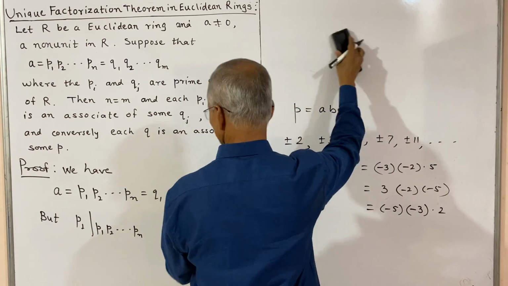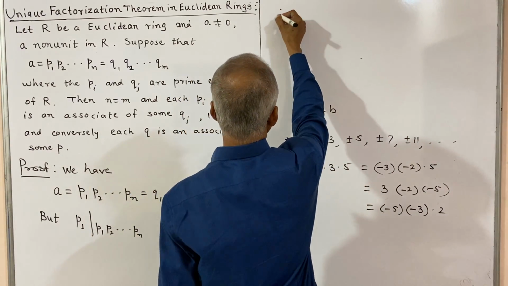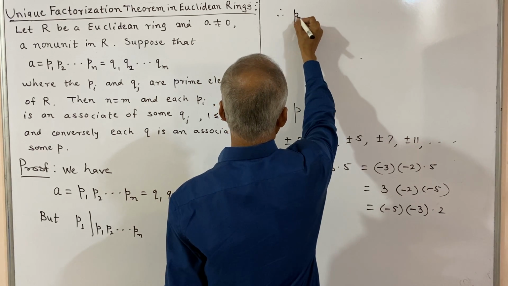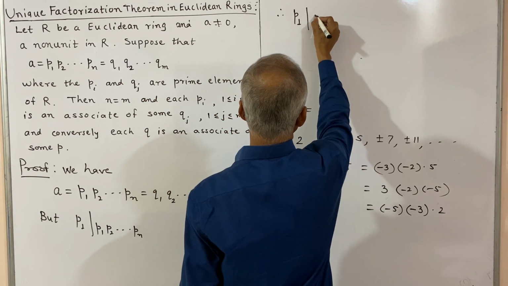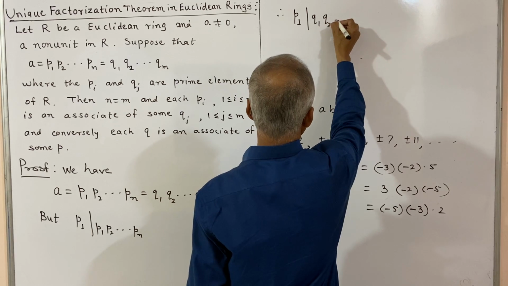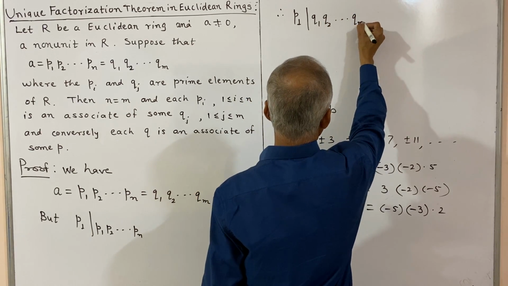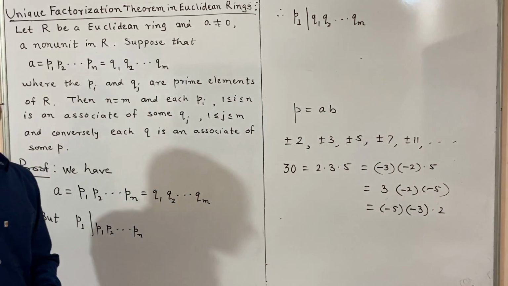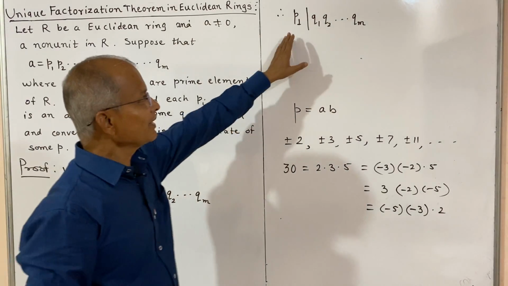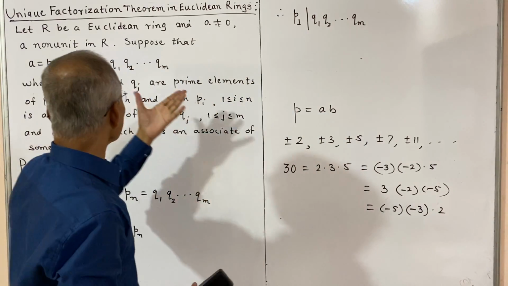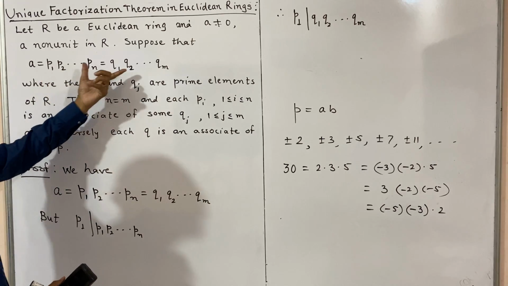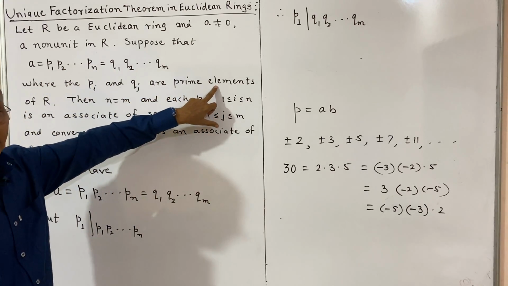Therefore P1 divides Q1, Q2 up to Qm. But you see, these are prime elements. All these, P1, P2, Pn, we have written here as prime elements.